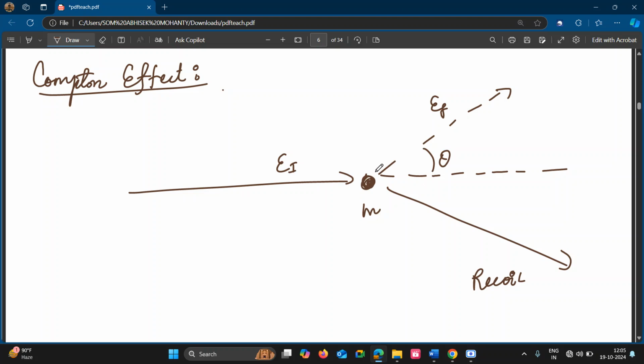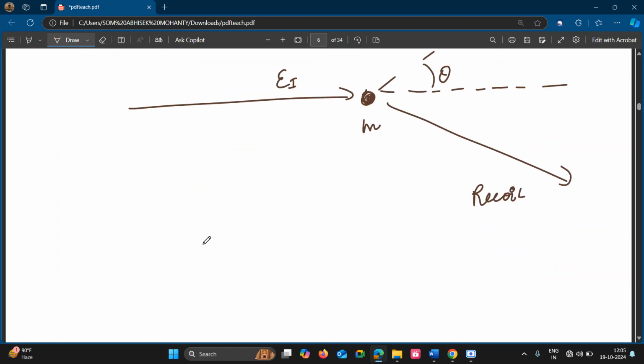We need to determine the angle of deflection theta of the photon in terms of its initial and final energy, or its initial and final frequencies. Anything we can calculate. This is figure one, illustration of the Compton effect.